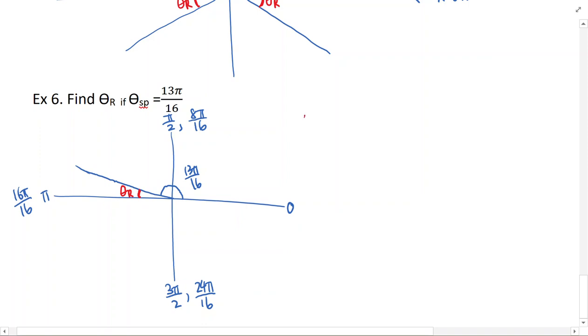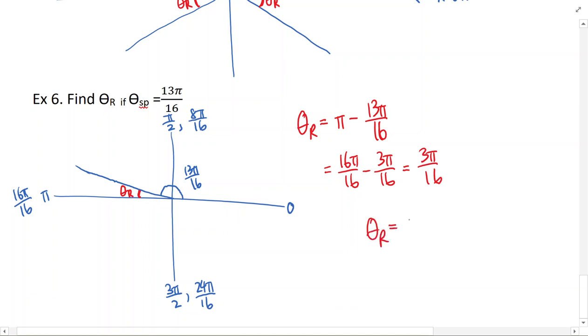Our reference angle in this case is pi subtract our standard position, which is 13 pi over 16. Now, since we're subtracting, we need to have the same denominator. So that's equal to 16 pi over 16 subtract 13 pi over 16, which is 3 pi over 16. So our reference angle is indeed 3 pi over 16. And that is all I have for you for this section.